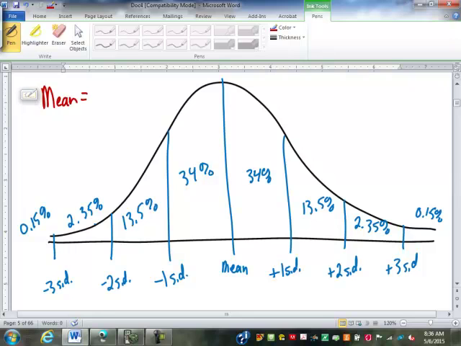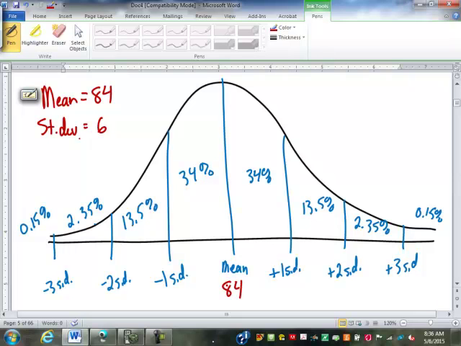Let's say the mean score for students in this course is an 84 out of a possible 100, with a standard deviation of 6. So going down here, the mean is 84.